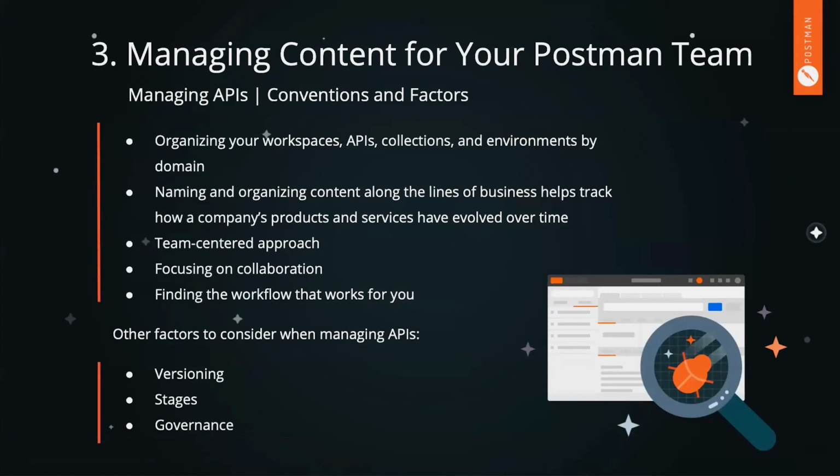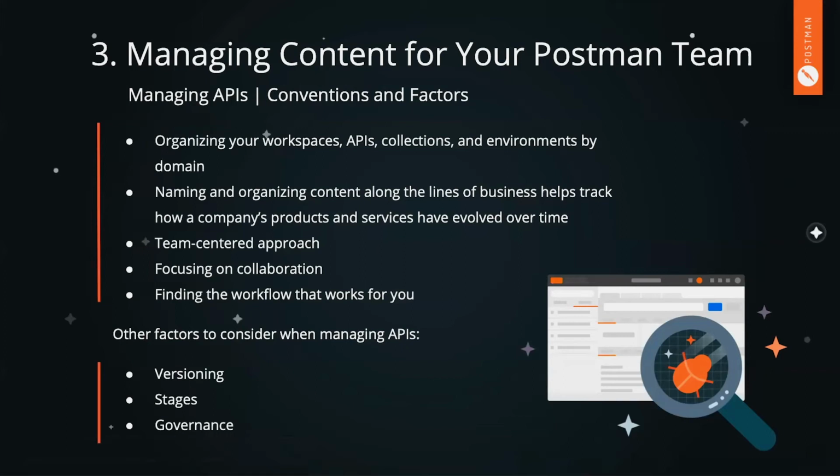There are a few things to notice when starting to organize elements in your Postman instance. One place to begin when thinking about organizing your collections, environments, and workspaces is by domain. Focus on resources being delivered via APIs, and let the value of your APIs dictate how you define these fundamental building blocks of your API operations.